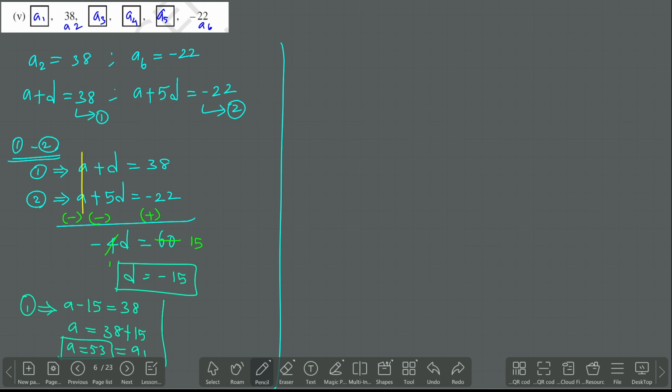Okay. Now A3 we have to go. A3 equal to A plus 2 times D. What is A value? 53. It's big. Plus 2 times D value, minus 15. Right. Then 53, 2 into minus 15 is minus 30. When I subtract, 23 is the A3. Okay. Right. And A4.